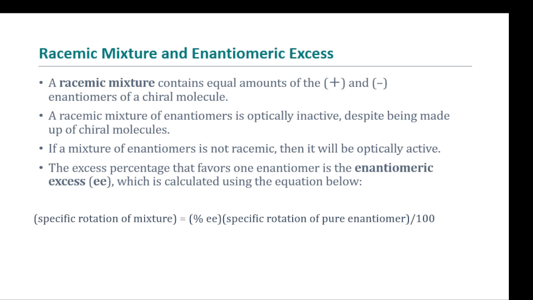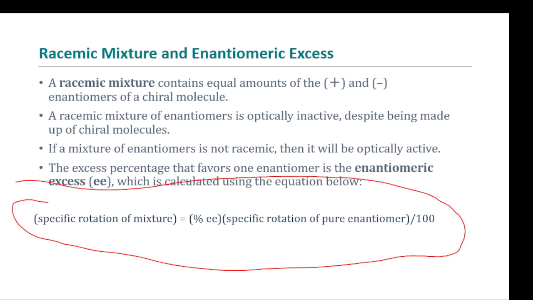Okay, so the excess percentage that favors one enantiomer is what's called the enantiomeric excess, abbreviated EE. This is going to be calculated using this equation right here. This is the percent EE, enantiomeric excess, times the specific rotation of a pure enantiomer, divided by 100, and that's what would equal the rotation that you got from the mixture.